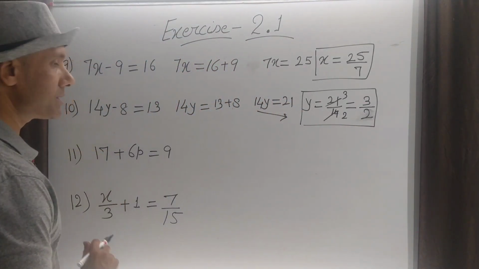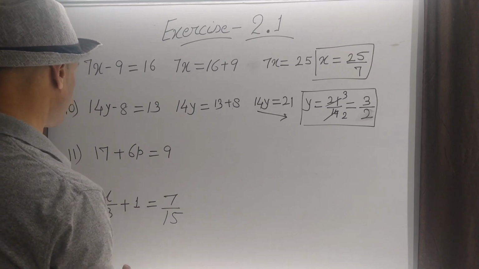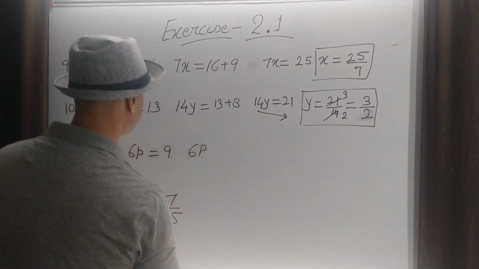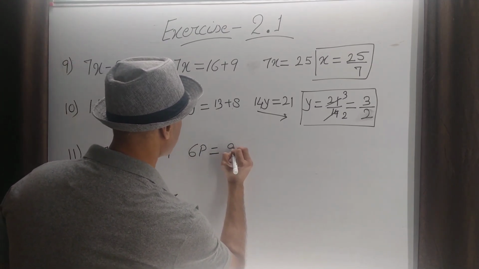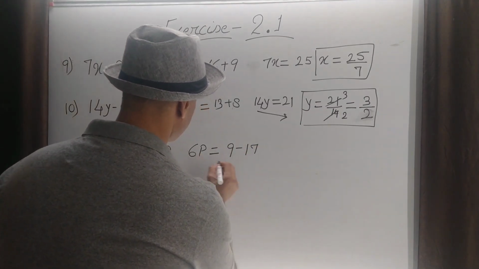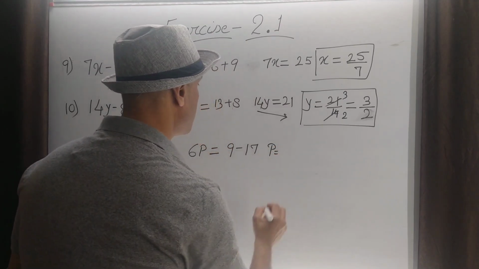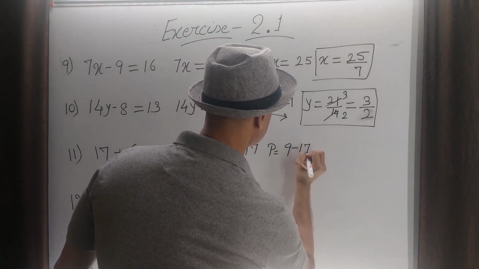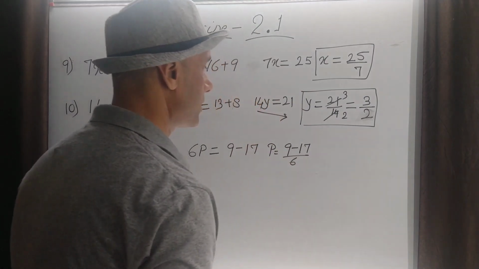17 plus 6p is equal to 9. So we can write 6p is equal to 9 minus 17. So we can straightaway write p is equal to 9 minus 17 divided by 6.